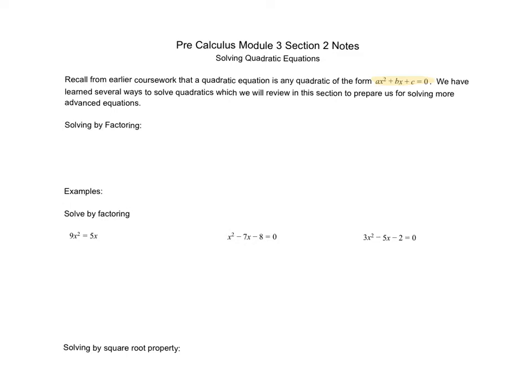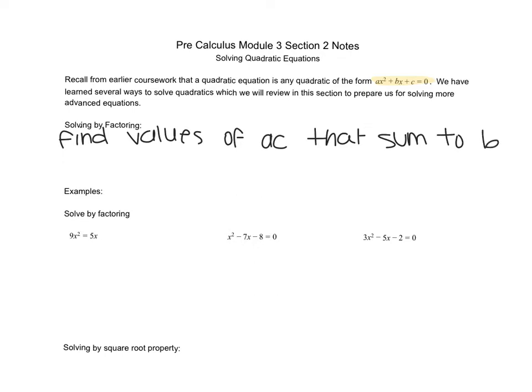So let's briefly go over how to solve by factoring. So given you have a quadratic in that standard form, to solve by factoring, you find values of a times c that sum to b.